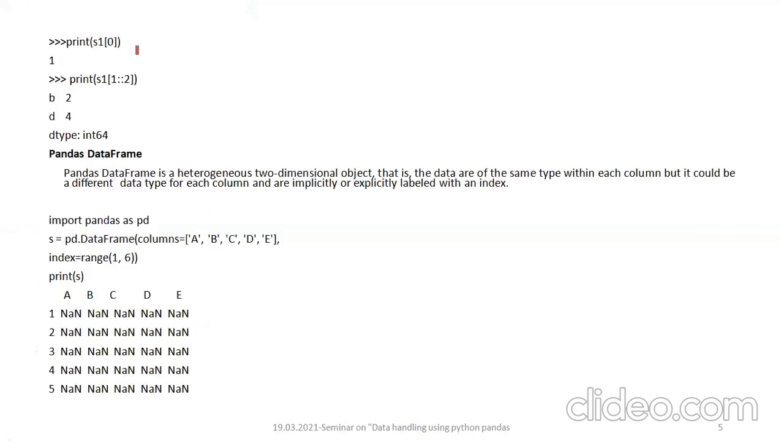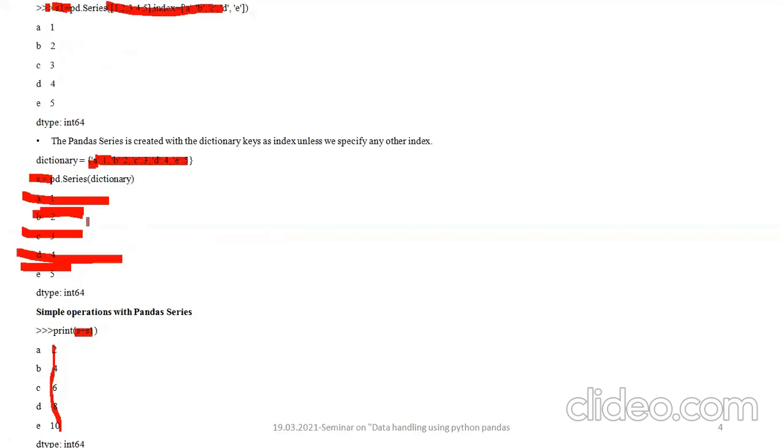Other than that, we can index and we can slice the content. So what do we mean by indexing? It means we can retrieve the content which is present at that particular location. So here, the first record will be treated as index 0, the second one 1, the third one 2, in this way.